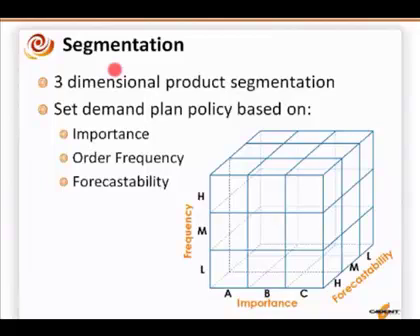One thing our company, Cadent Resources, is looking at, we've taken a 3-dimension product segmentation, and it's coming out in our next release of our DemandCaster software. We're looking at the classification of ABC, certainly, but we're looking at the order frequency, high, medium, and low. And we're also looking at this concept that we've stumbled across and makes a lot of sense to us, forecastability.